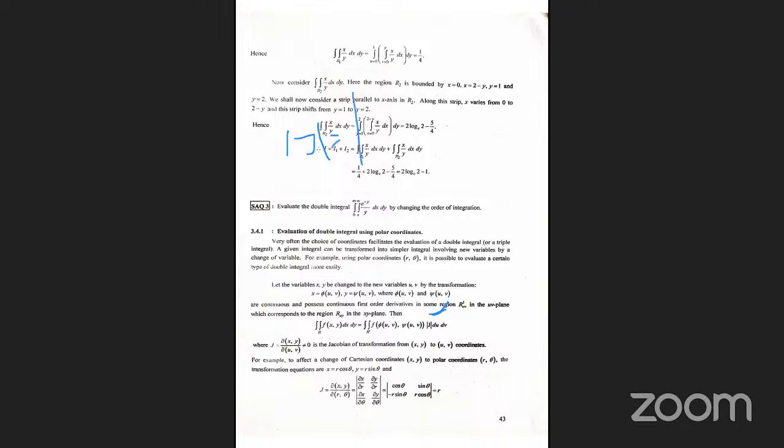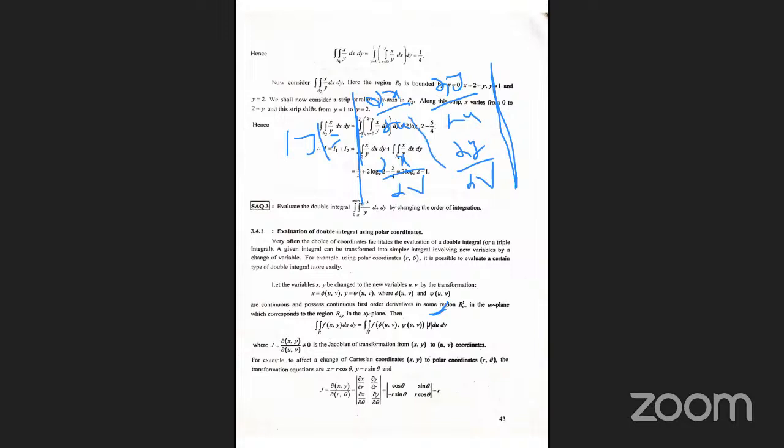So how is the formula? Listen. Dou x by dou u and dou y by dou u, dou x by dou v and dou y by dou v. We have to find the determinant of this matrix.